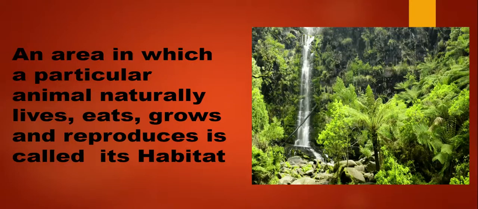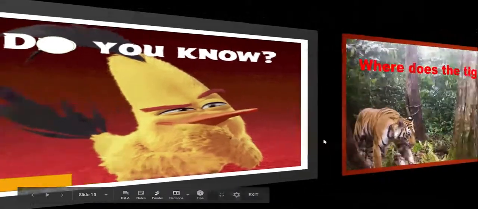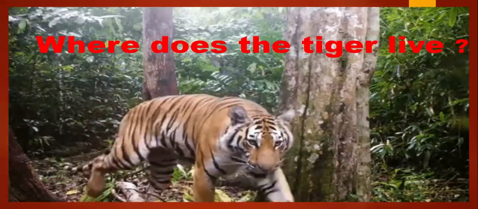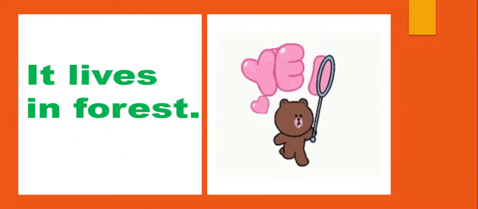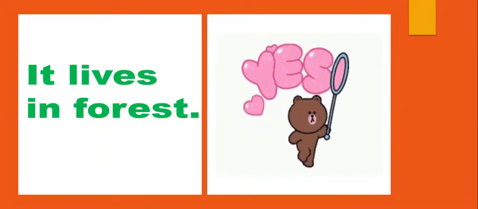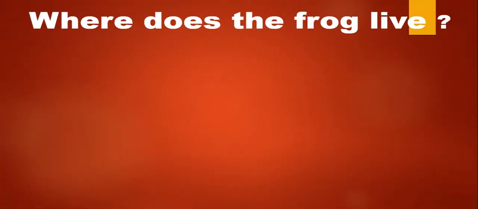Now, let us recall the things which we have learned earlier in the previous classes. Do you know, children, where does the tiger live? Okay, I know everyone knows the answer that the tiger lives in forest. Now tell me, where does the frog live?